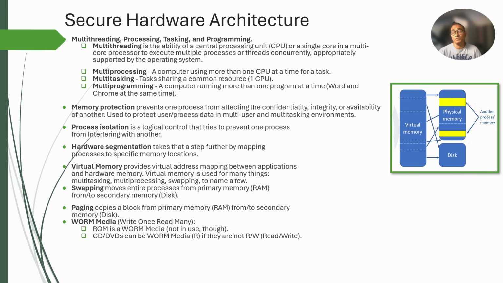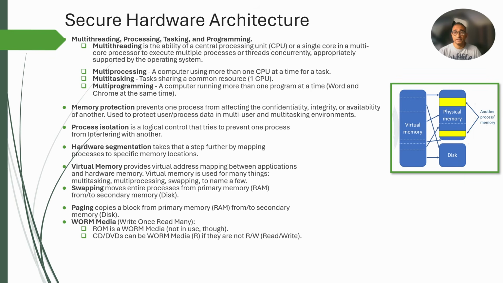So it's not one CPU having one core, but the ability to use more than one CPU to perform a given task. Multitasking is about running different tasks at the same time, and multiprogramming is the support of different programs that run on the system. For example, you can open a Word document and at the same time open the Chrome browser to perform two different things.